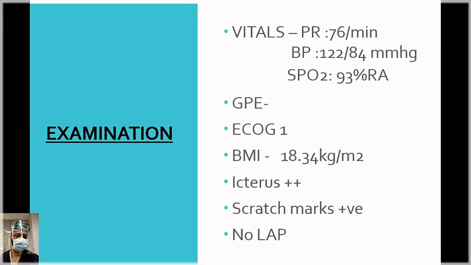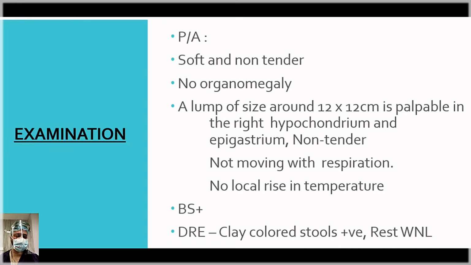On examination, the general physical examination was essentially normal. Vitals were stable. The performance status was ECOG 1. Icterus was positive with scratch marks present, and there was no other finding on the examination. On the abdominal examination, there was a lump palpable in the hypochondrium and epigastric region, measuring approximately 12 centimeters.